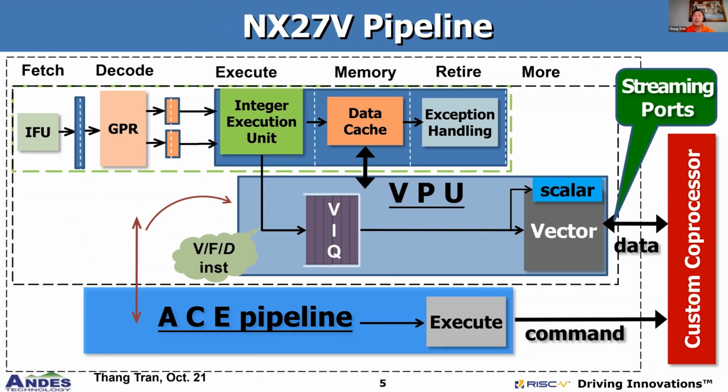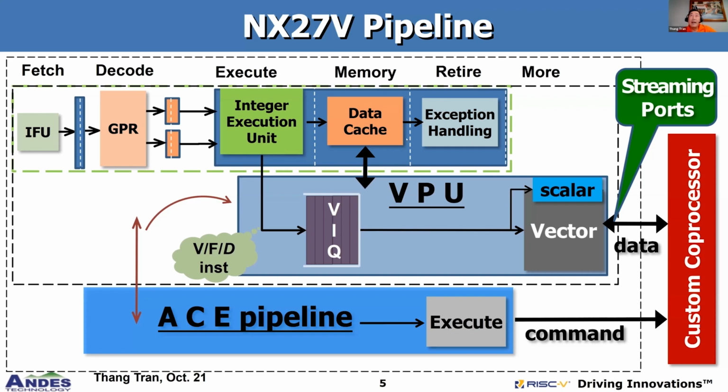VPU is basically after the retire stage. So the VPU implements a fire and forget protocol, making it simpler in design. The VPU pipeline starting from the vector instruction queue, VIQ, requires a couple of pipeline stages to decode and pre-calculate the vector instructions. So all the pipeline stages in the VPU are well utilized.